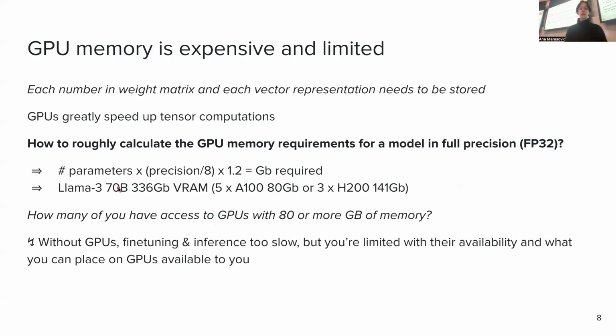But with 70 billion, using this equation, you would need 336 gigabytes of VRAM, which means that you would need 5 of these very expensive A100s or 3 of these even more expensive H200s, right?